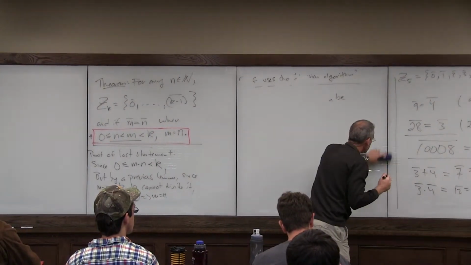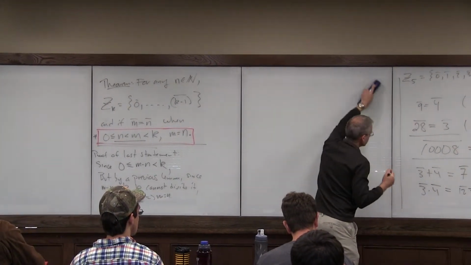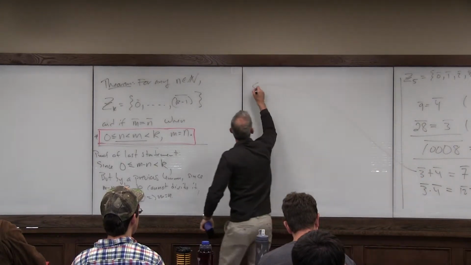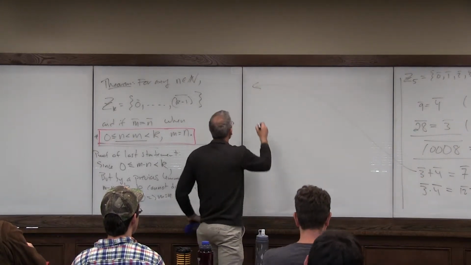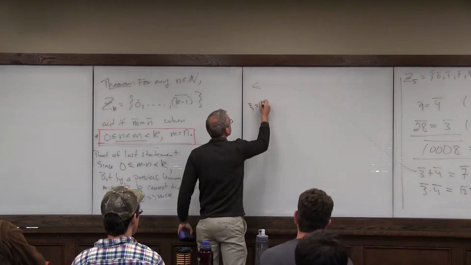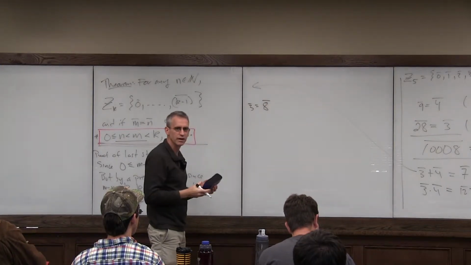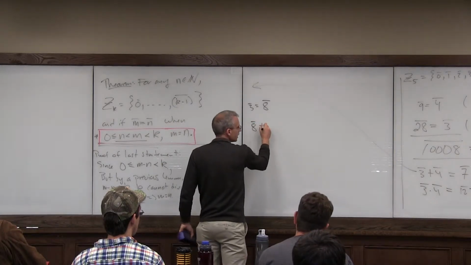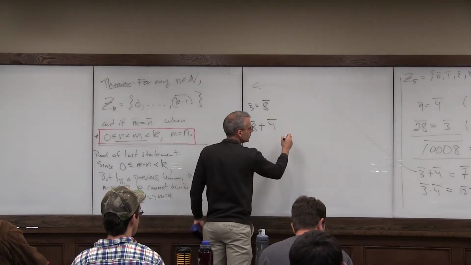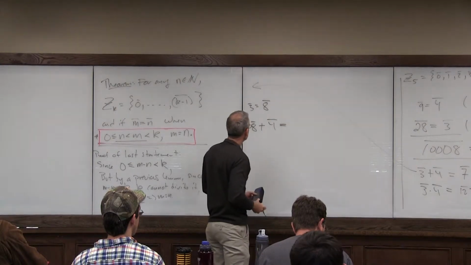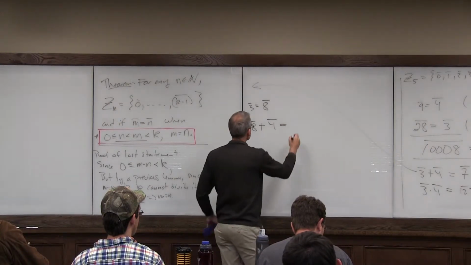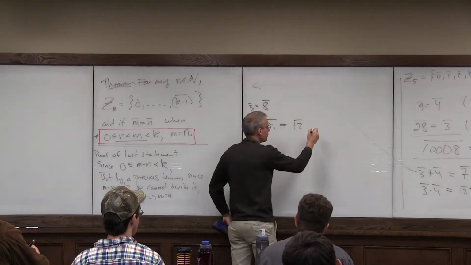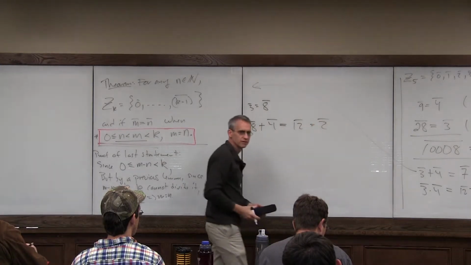The reason why we have to be careful is that if we look at this one, for example, 3 bar is equal to 8 bar. And so 8 bar plus 4 bar should also be equal to 2 bar, but actually it's 12 bar, but you know that 12 bar is 2 bar.